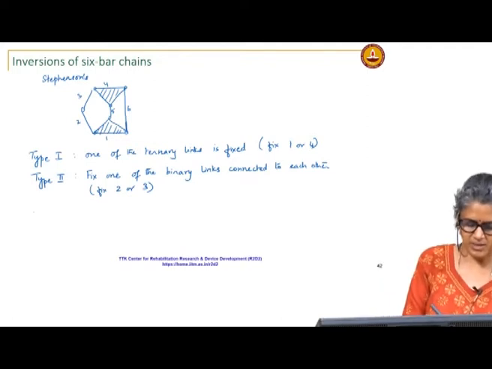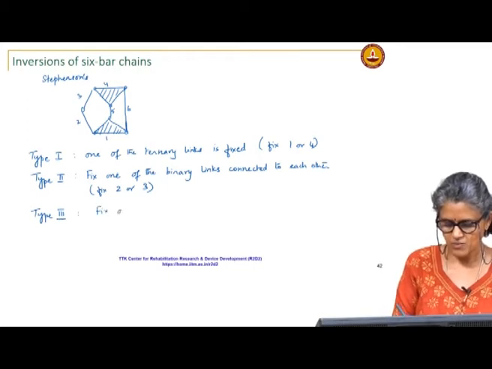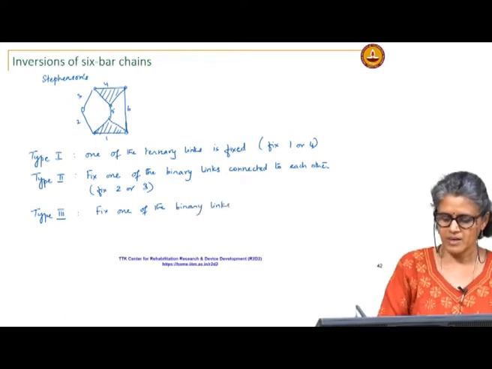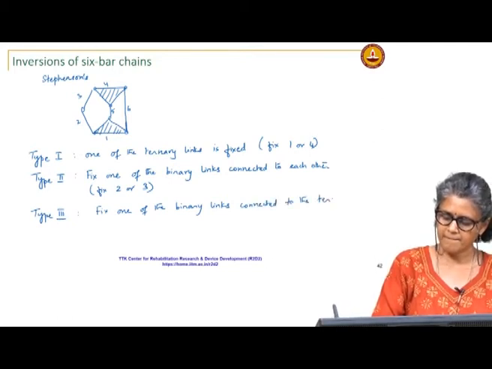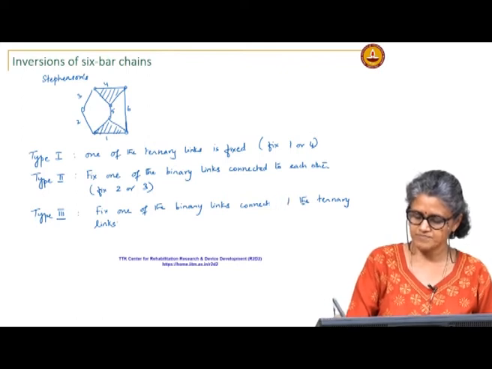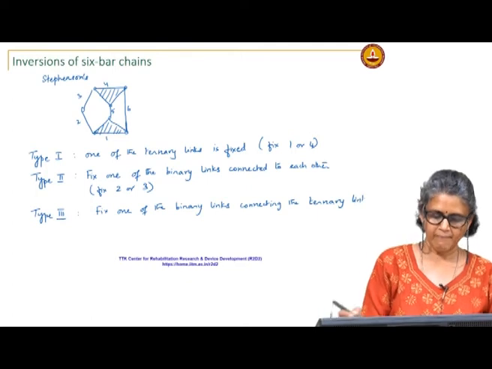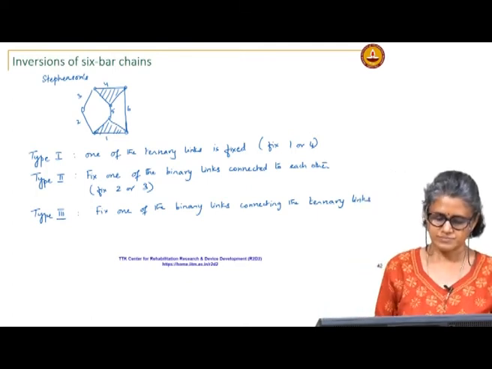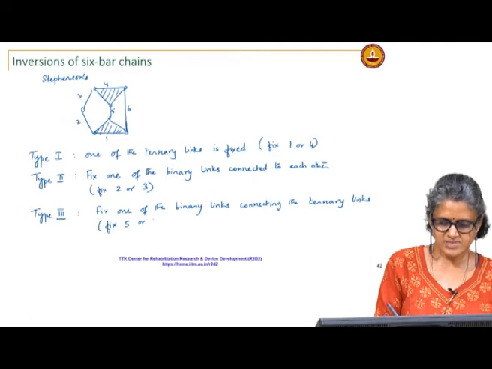And then the type 3 inversion is fix one of the binary links connecting the ternary links, sorry. That is fix 5 or 6.